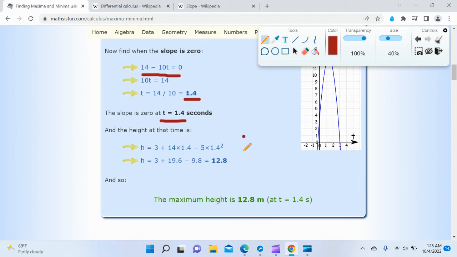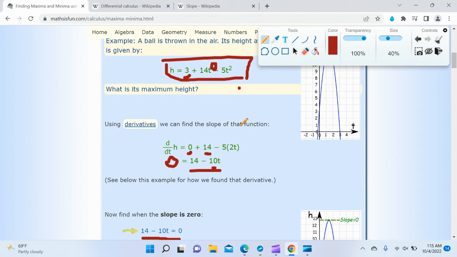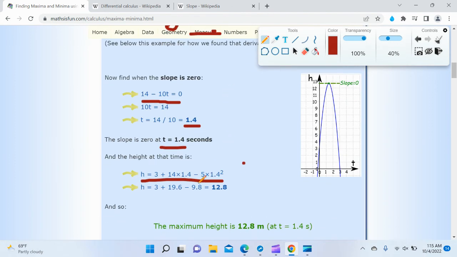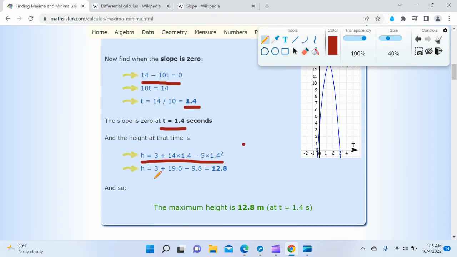Slope is 0 at 1.4, which means for the height, we can put the value of t in the given equation. This is our equation, 3 plus 14 into 1.4 minus 5 into, so the actual equation. Put the value of t into the actual equation, and we will get the h.